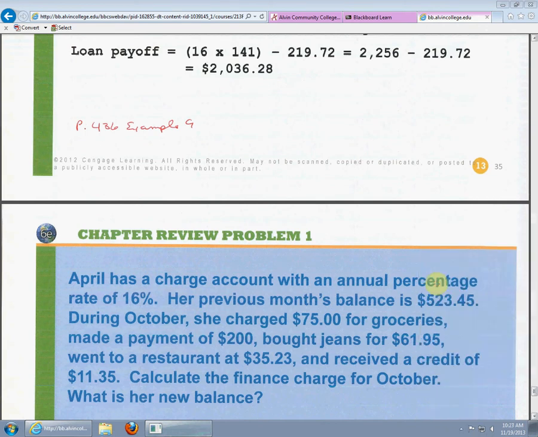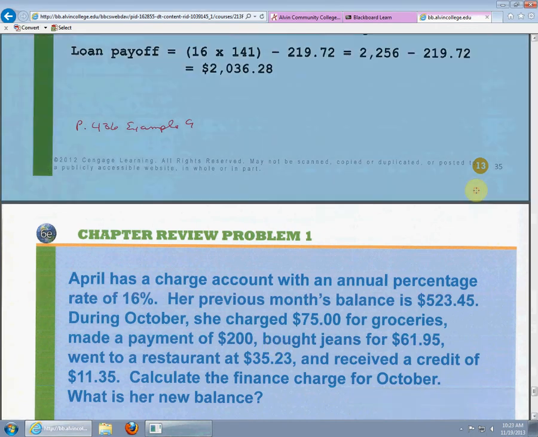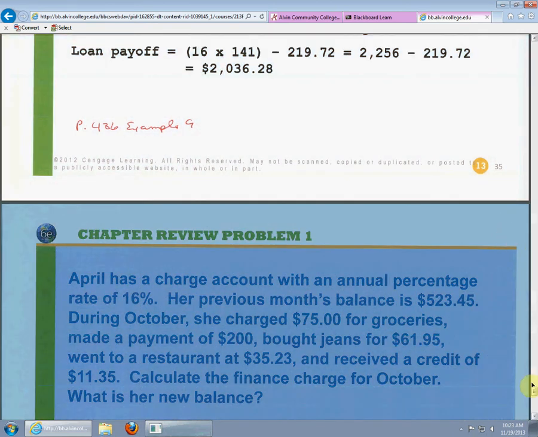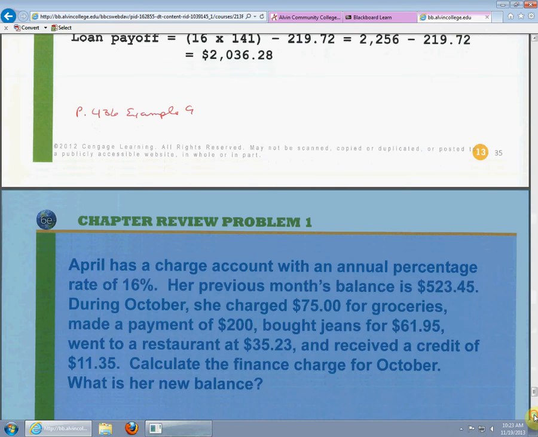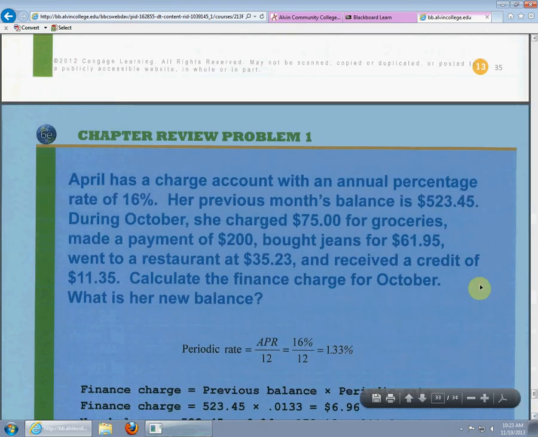Okay, let's look at this. First thing we need to do is figure out our periodic rate. And so we take our 16% given to us in our problem and divide it by 12 to get 1.33%.